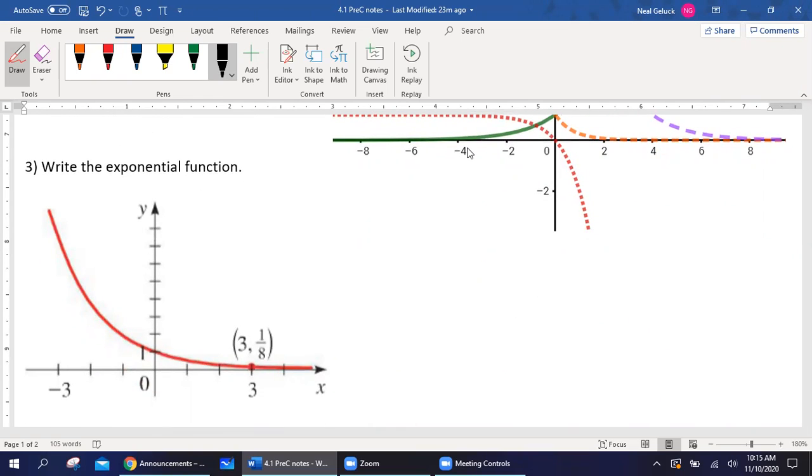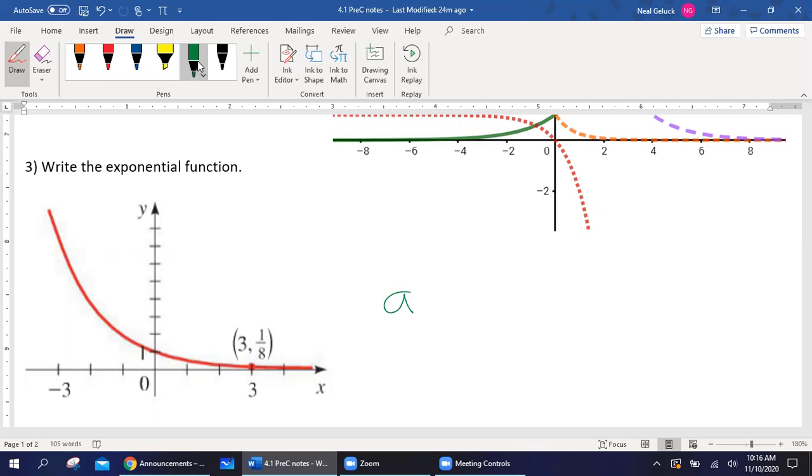On number 3, I have a graph and we want to figure out what is the exponential function that would match this. So really this boils down into figuring out what that base number is. What is that a number?